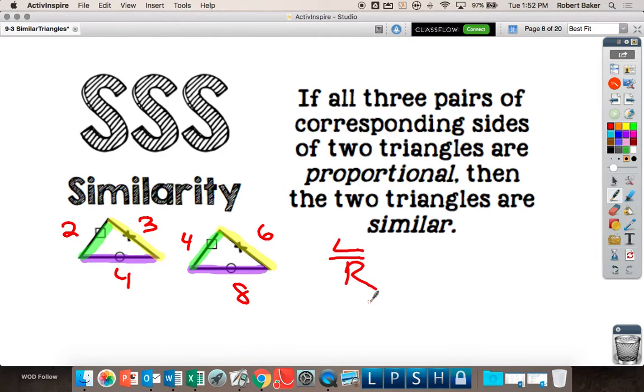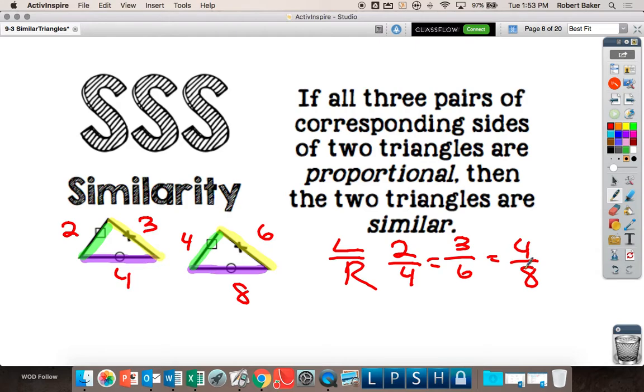Left over right. So we got to do green over green, 2 over 4. We have to do yellow over yellow, 3 over 6. And we have to do purple over purple, 4 over 8. So you can reduce the fractions, you can convert to decimals, or you can check cross products. How do y'all want to do it?